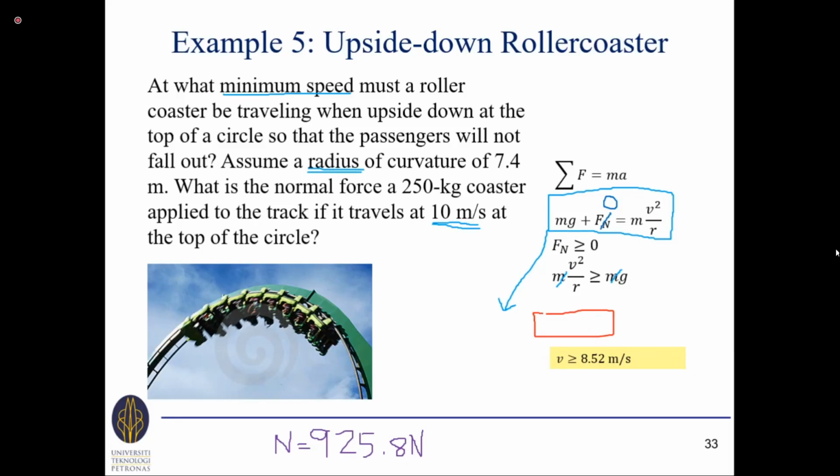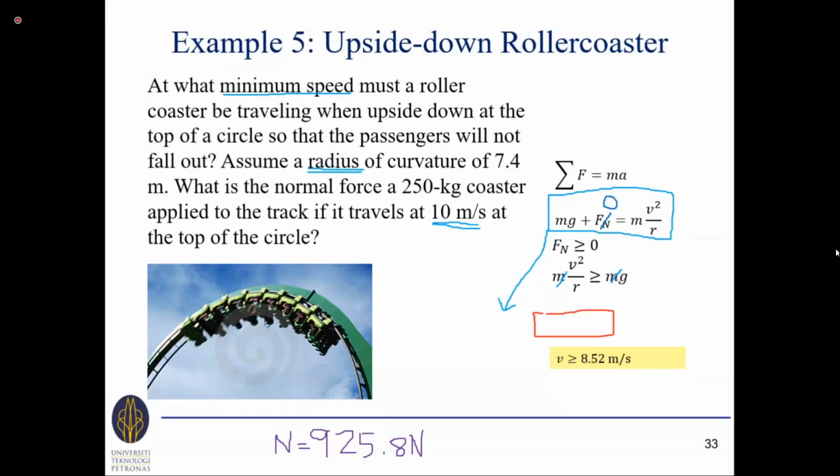At the very top point, for the case of the roller coaster, you can set the condition that N must be greater than or equal to 0. Zero is the minimum value, the limitation that it must meet. If you have a negative normal force, you have already fallen off the track.